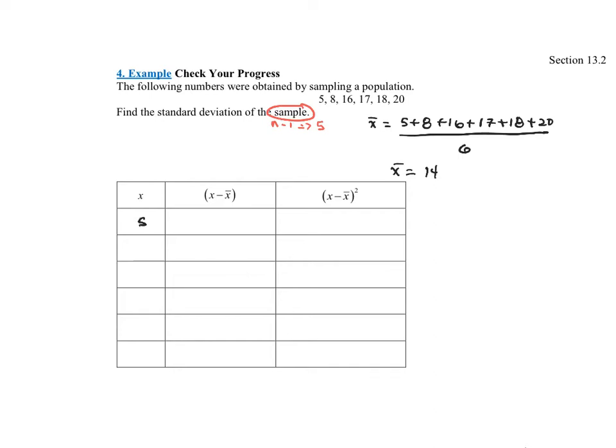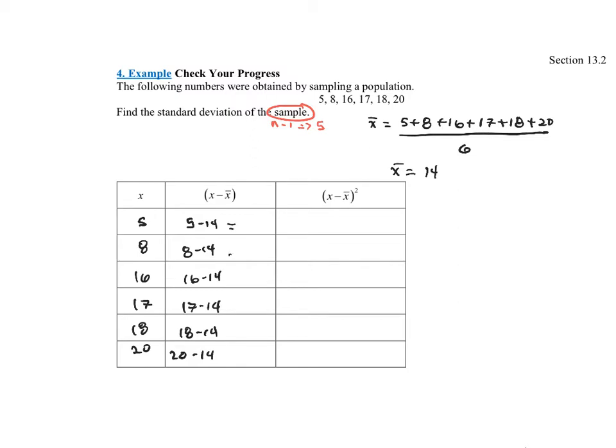So we have 5, 8, 16, 17, 18, and 20 as our data values. What we do with those data values after we find the mean is we find the distance from the mean. In other words, we do the data value minus the mean for every single one of these. So 5 minus 14, 8 minus 14, 16 minus 14, 17 minus 14, 18 minus 14, and 20 minus 14.